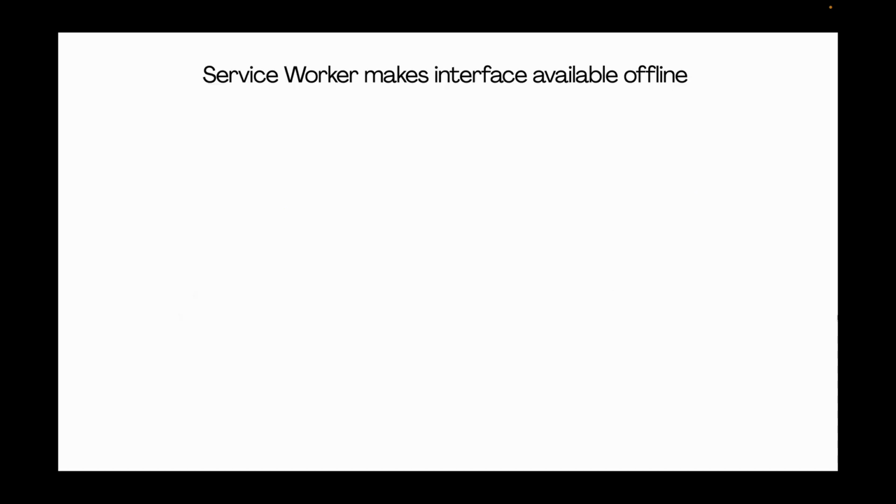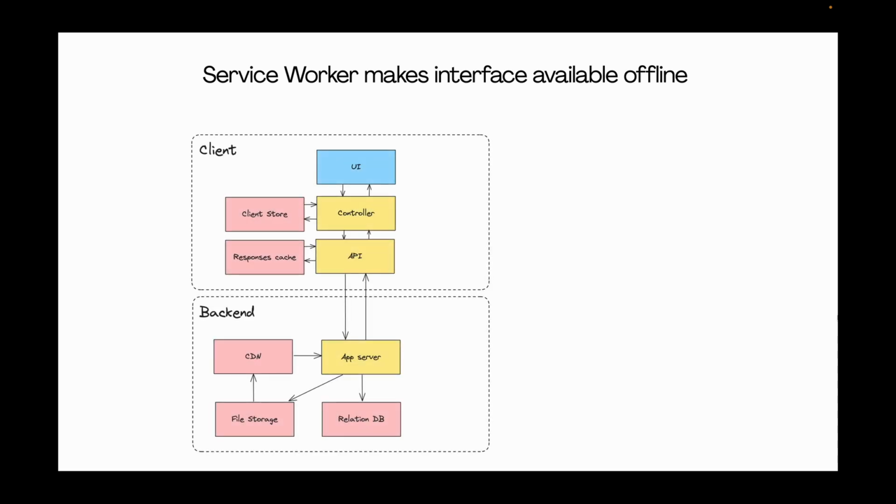Service workers make the interface available offline. Without it, we just can't show our application when users don't have an internet connection. We can use service workers and the cache API to save assets on the disk and redirect requests to the cache when the user is offline.